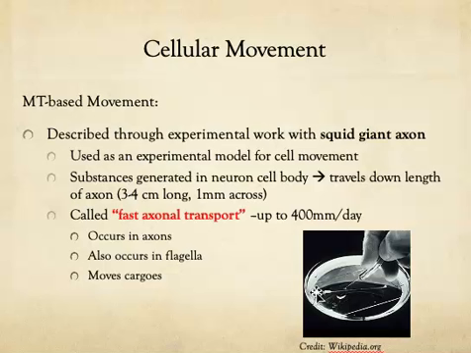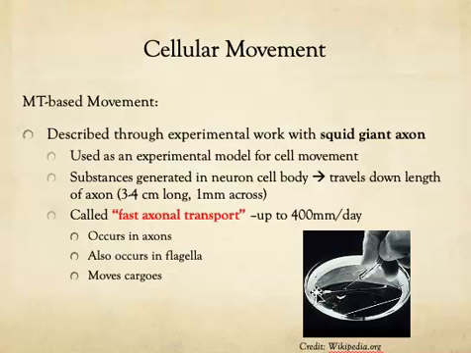Now, in the squid giant axon, we're talking about an axon length of about 3 to 4 centimeters. From a cellular perspective, that is just an amazingly long distance. It has to be done, though, and it has to be done fast. It has to be done in real time. So this is a process that got called fast axonal transport.